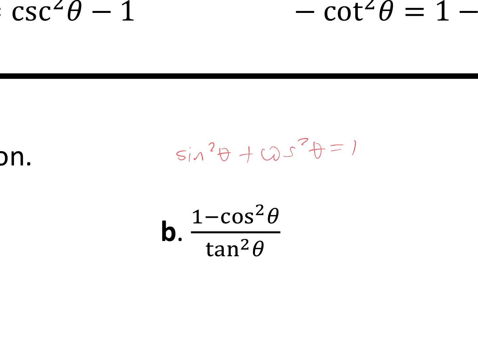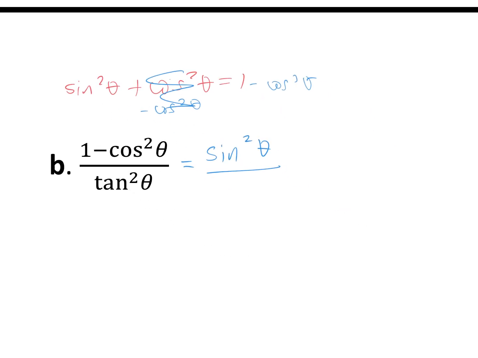How could I rewrite this so it says 1 minus cosine squared equals something? We're going to subtract. Good, right? Cosine squared. So 1 minus cosine squared, I can replace my numerator with just sine squared over. How can I rewrite tangent squared? Sine over cosine. Good.